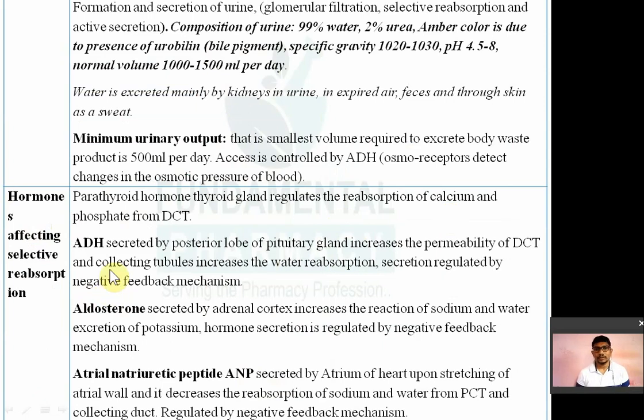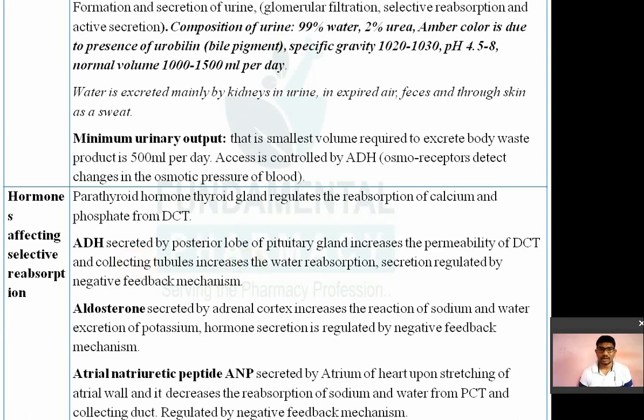Now antidiuretic hormone, as the name indicates, antidiuretic means it will prevent the diuresis or excessive urine formation, and it is also known as vasopressin. याद रखो, antidiuretic hormone is also known as vasopressin. This hormone is secreted by the posterior lobe of pituitary.